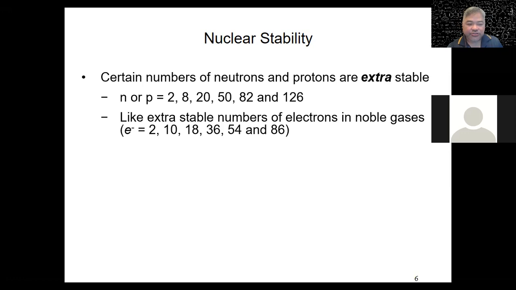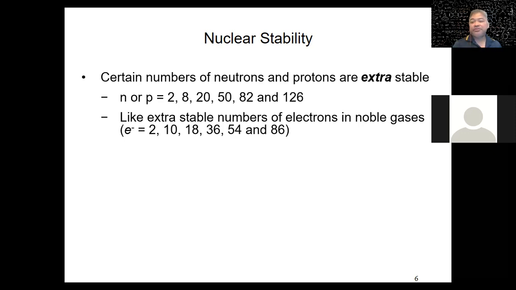Usually in terms of stability, there's what we call a strong nuclear force. This strong nuclear force has something to do with the force of attraction that is present over extremely short distances between all nucleons.